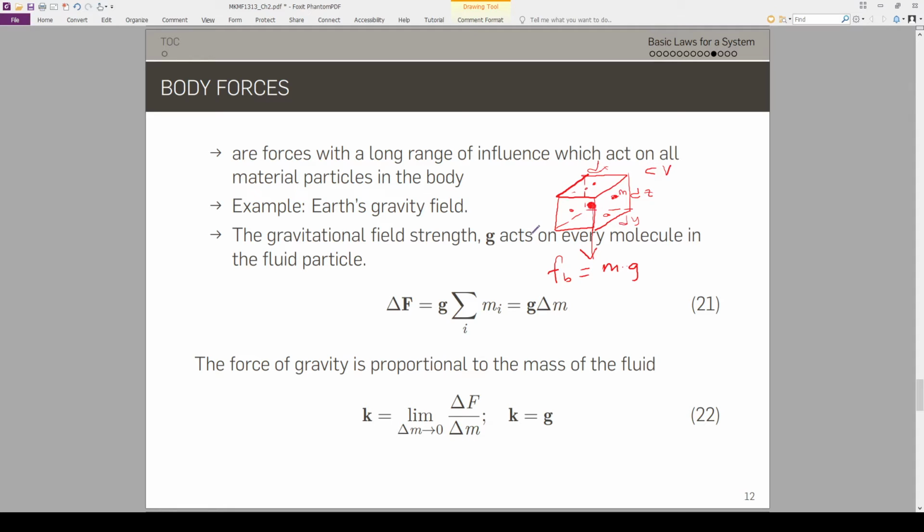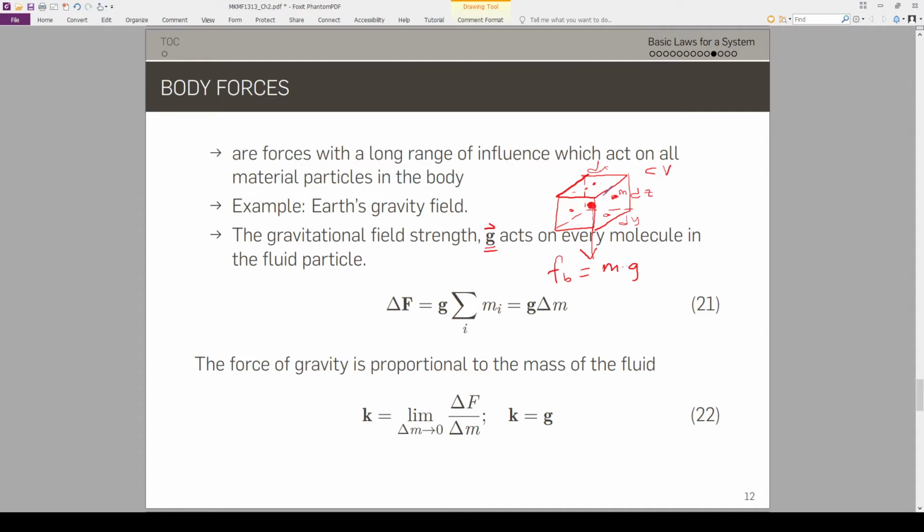The gravitational field strength, given by bold G, refers to the vector of gravitational acceleration in all directions of our coordinate system, and acts on every molecule in a fluid particle.